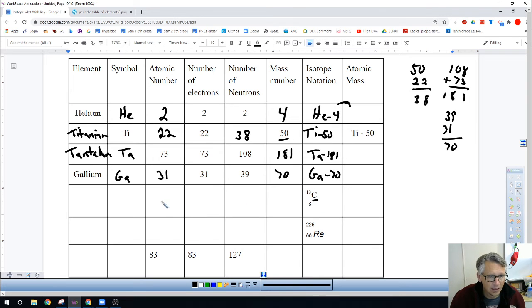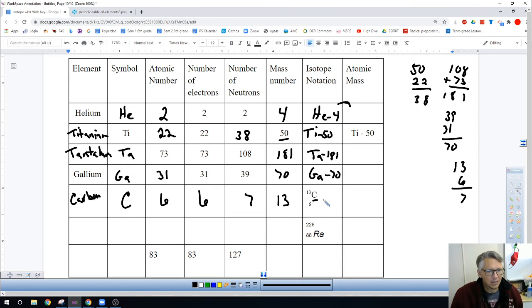And this one here is telling us that it's carbon, and its symbol is C, and the atomic number is going to be 6, and the number of electrons it has is 6. Well, if its mass is 13, and of that 13, 6 of them are protons, then 7 of them must be neutrons. And once again, I'm having you do this differently because you're typing.